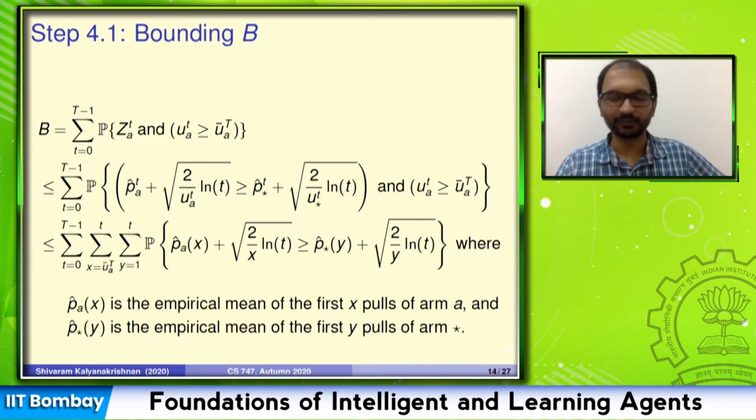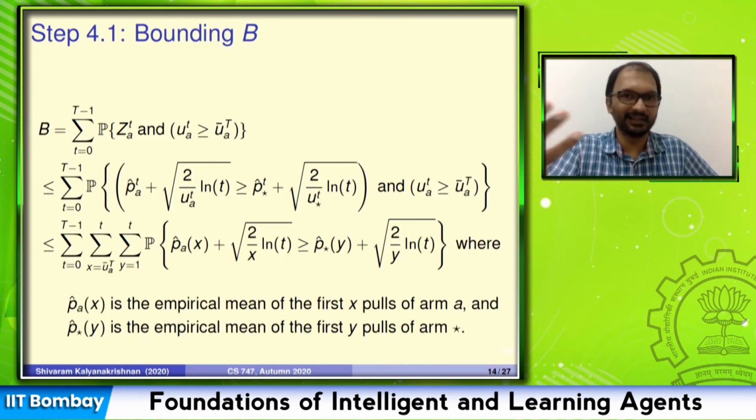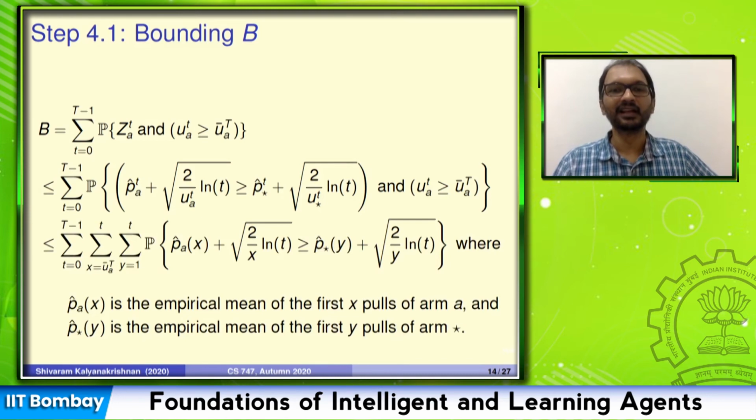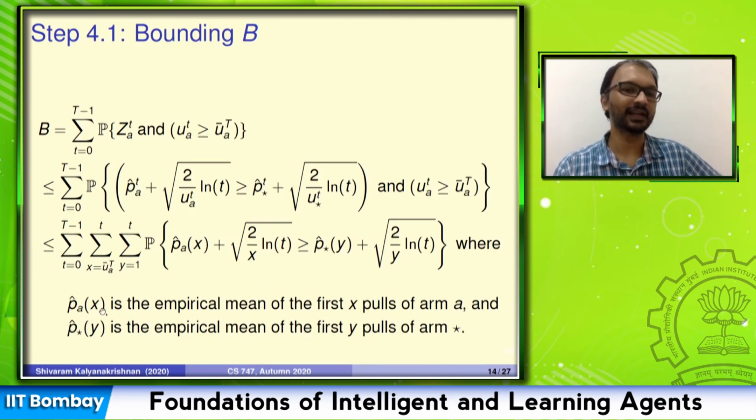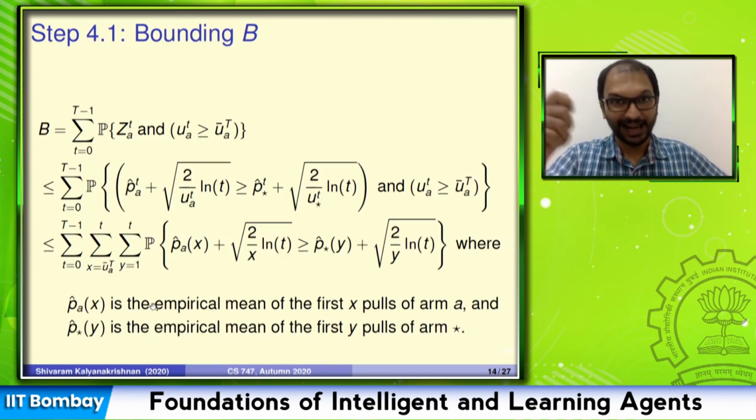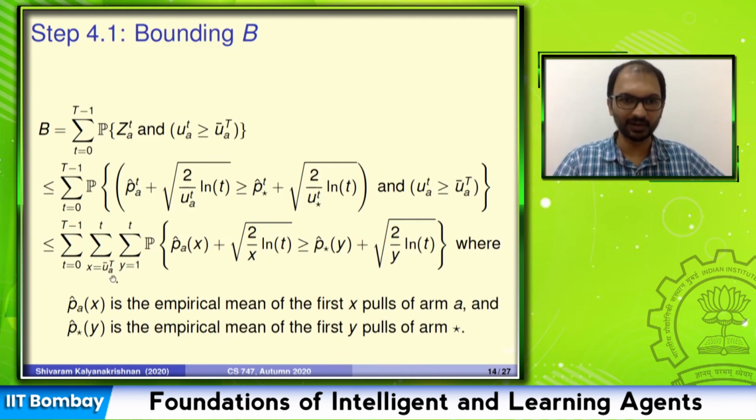The simplest way of doing it is the following. Let us denote by P hat_a,x the empirical mean of arm A after x pulls. Here x is a number that goes from U bar_a,t through T. Similarly, y is for the optimal arm. y is a number that goes from 1 through T.